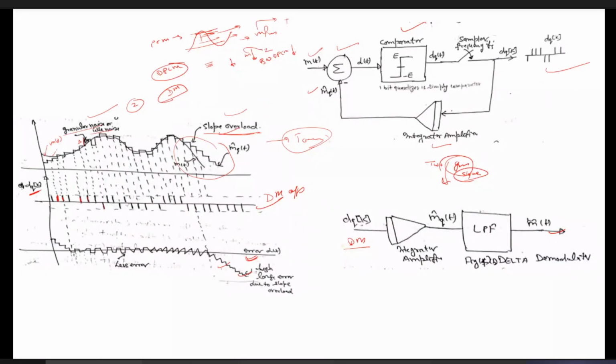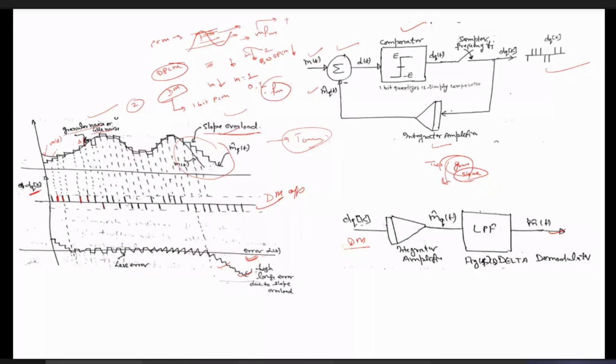In delta modulation, we further try to reduce this M. Each sample value is transmitted by either a 0 or a 1. That's why delta modulation is also called 1-bit PCM. If M equals 1, it is nothing but 1-bit PCM.